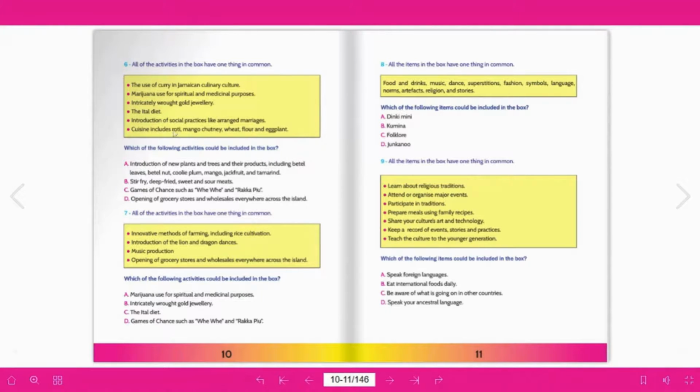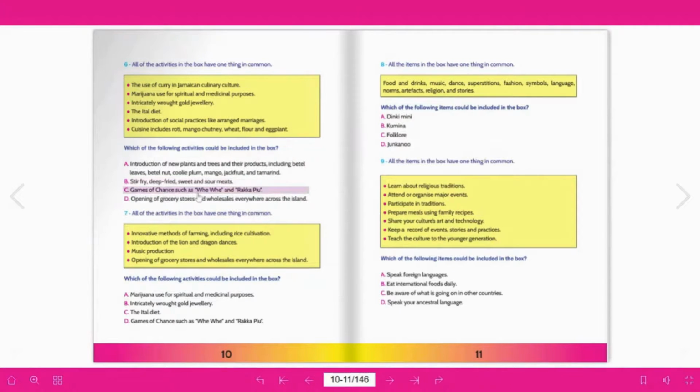Okay. All right. When I look at all of these things, these are things that were brought here by the East Indians. So if I am going to look at the question says, which of the following activities could be included in the box? And you have 4 activities here. It must be something that was introduced to Jamaica by the East Indians. All right. So I'm going to jump to B. Stir fry, deep fry. We know that the Chinese brought sweet and sour and stir fry here.